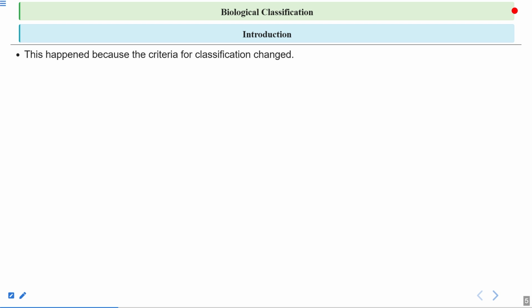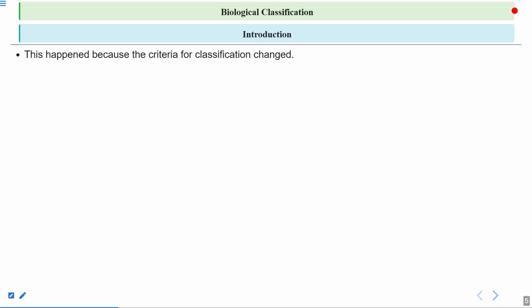So he divided animals into 2 groups: one consisting of organisms that contain red blood, and the other of organisms that didn't have red blood. Similarly, he divided plants also. Clear? So this had a little bit of scientific basis.